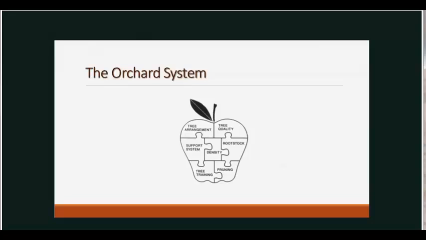So if you look at the whole overall apple as being the cultivar, one of the pieces is the rootstock. So we'll talk about cultivar characteristics, and then we'll also talk about rootstock characteristics, and also talk about where you can buy some of these things, whether you're buying on the retail market or on the wholesale market. We'll touch on all of those little pieces.